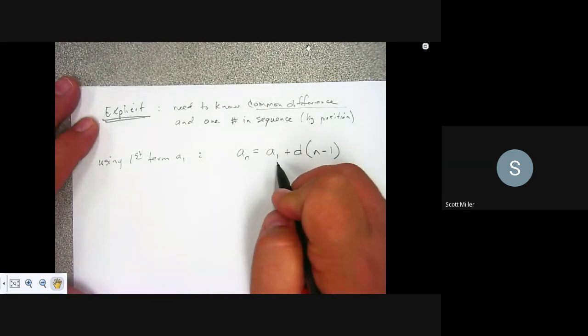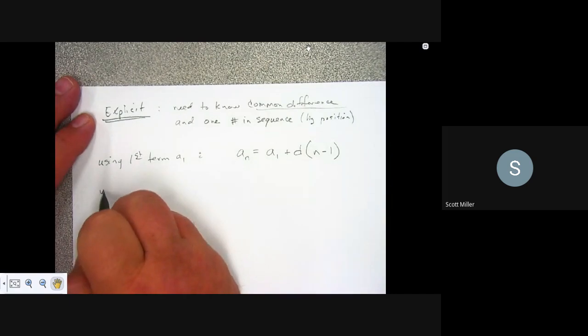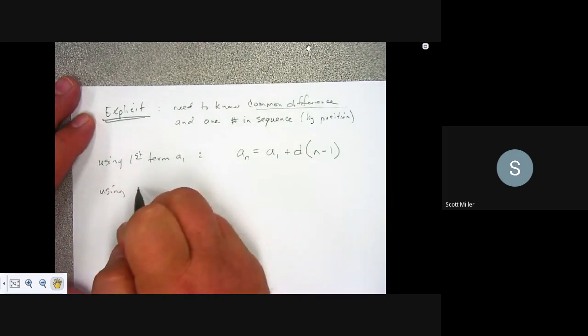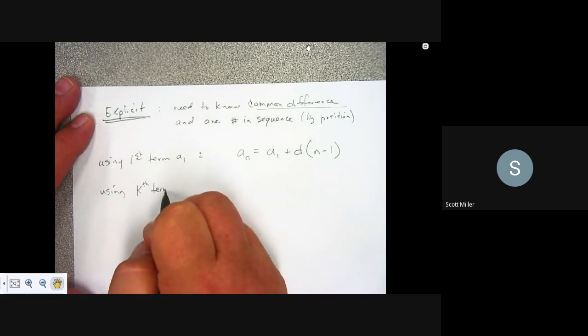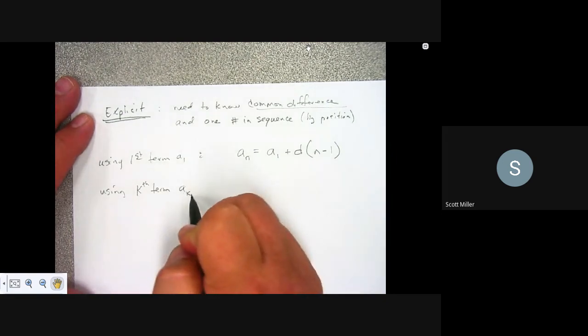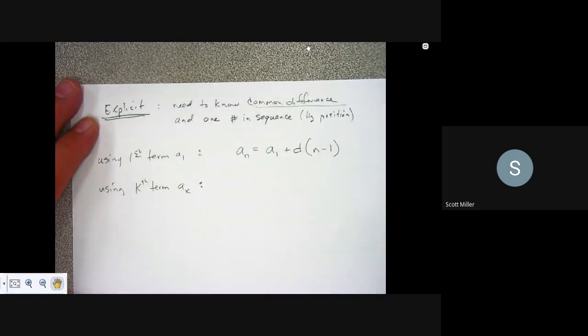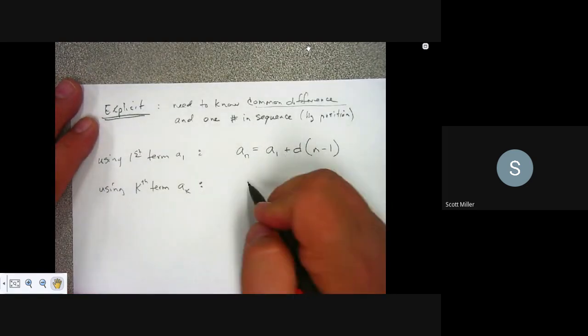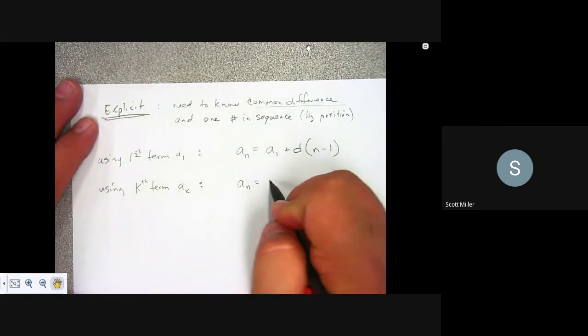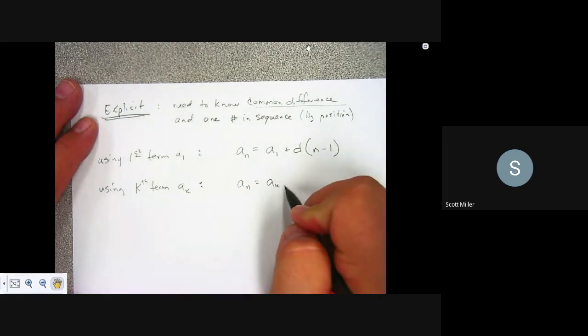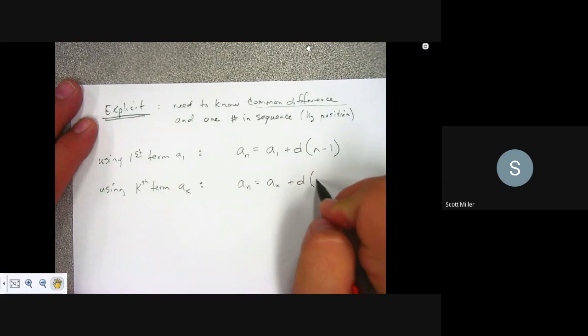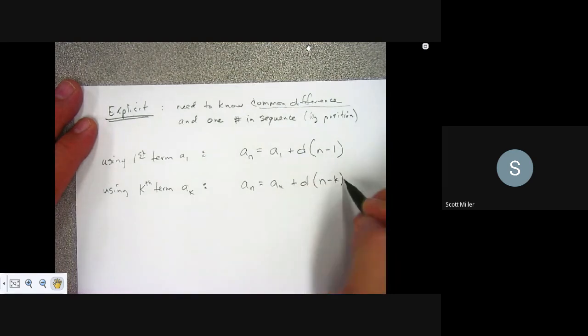This right here, let's do the general one, using, and they call it the kth term. Okay, so that would be a sub k. This is any term in my sequence. And you'll see that the rule is very similar. The rule will be a sub k, that's the answer for the kth term, plus the common difference times n minus whatever k was. That's a position.